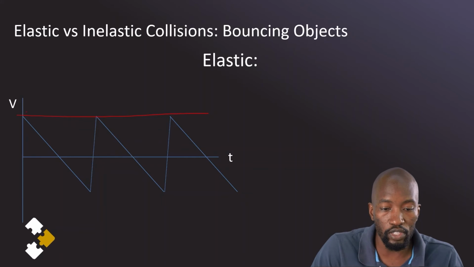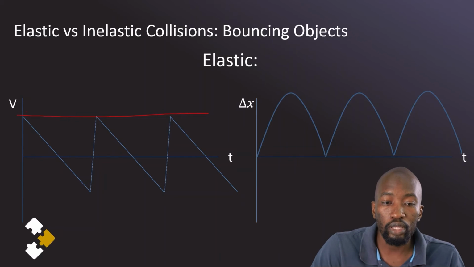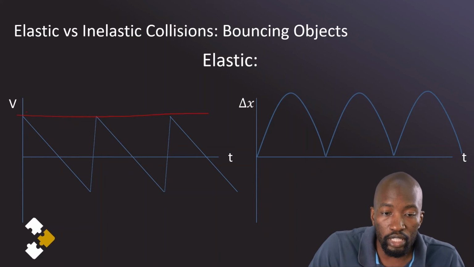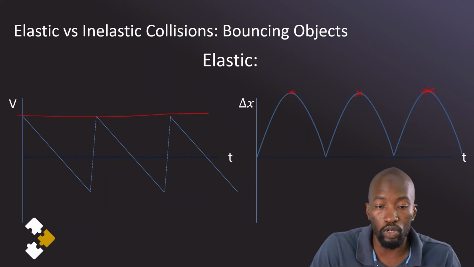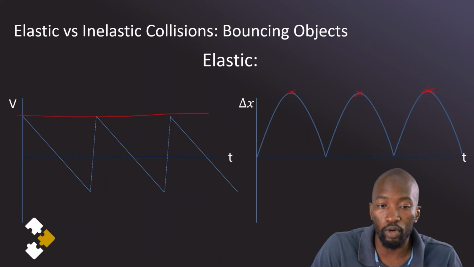Now, this would be its displacement versus time. Because nothing is lost, if it bounces to this point, even in the second bounce, it'll come back to the same point. Nothing is lost. Everything is conserved. So that's just the displacement time graph of a bouncing object when the collision is elastic.